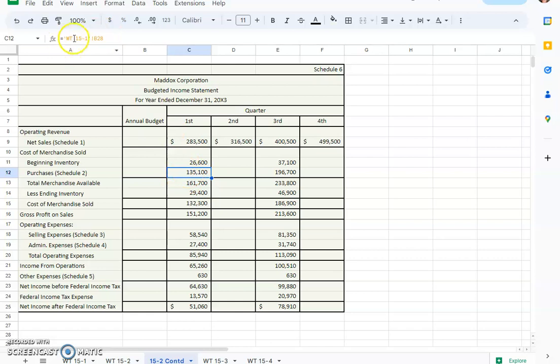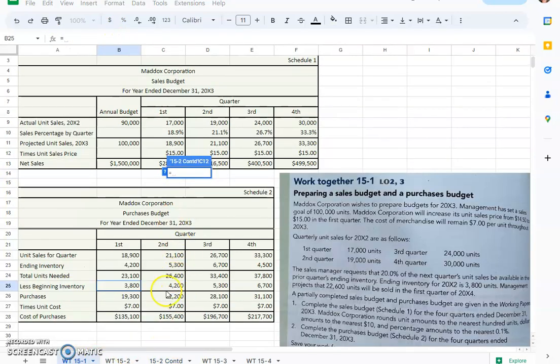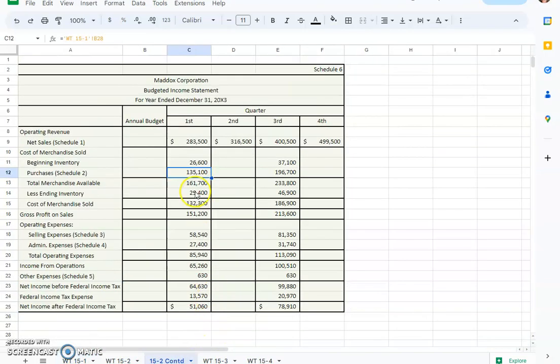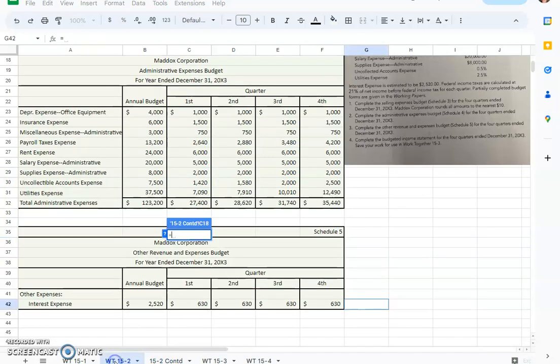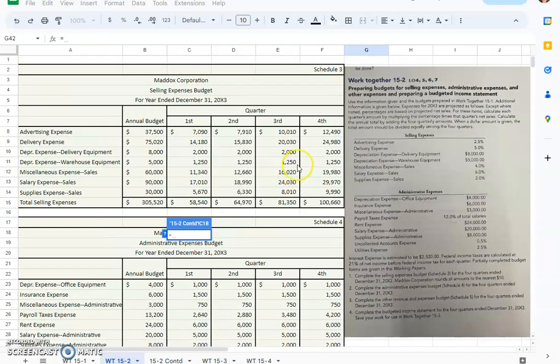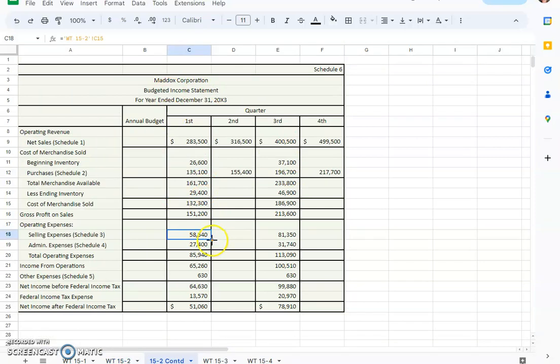So we'll find it from Schedule 2, 135,100, enter, and we will pull those amounts across, and we will find our selling expenses from Schedule 3, 58,540, or equals, let's see, Schedule 3, 58,540, enter. And so we'll drag that one across.